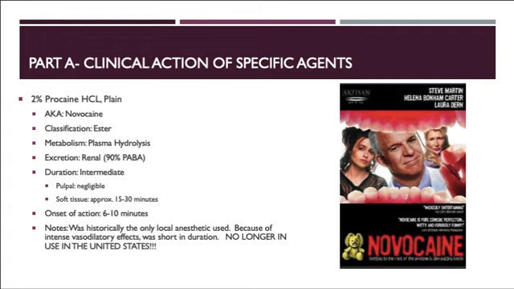It's classified as an ester. It's metabolized in the plasma by pseudocholinesterase, and it turns into PABA, paraminobenzoic acid, and most of it is excreted in its PABA form. Now, it was an intermediate drug that really didn't work on the pulp all that well, but it did give about 15 to 30 minutes of soft tissue anesthesia.